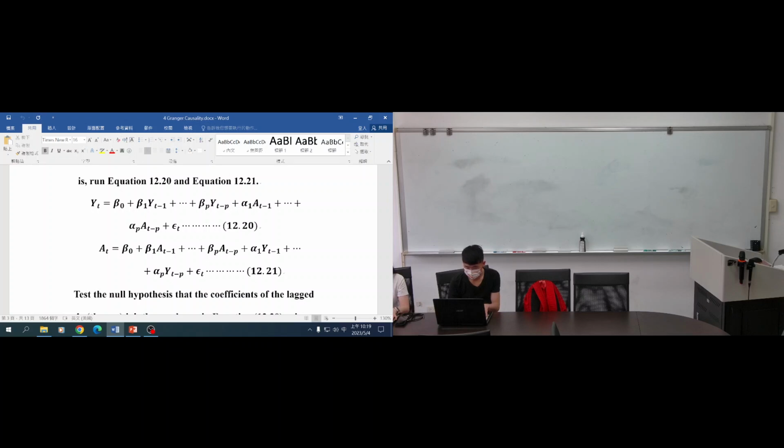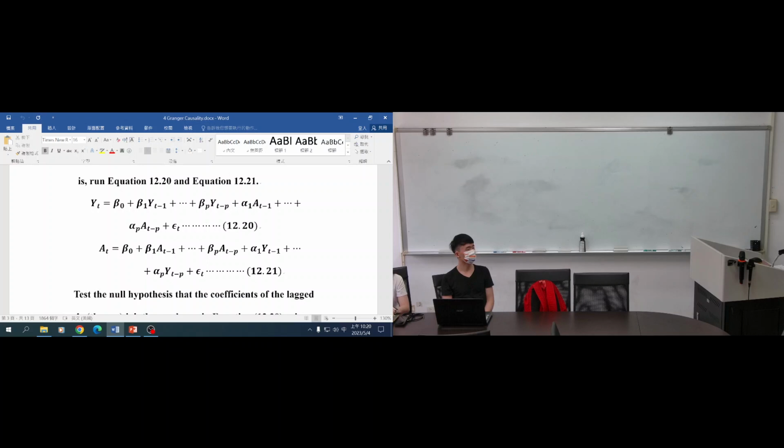Look at 12.20, using Y as a dependent variable, and the lag of Y plus the lag of variable A as independent variables. And the second one is using A as a dependent variable, then the lag of A as well as the lag of Y as independent variables.